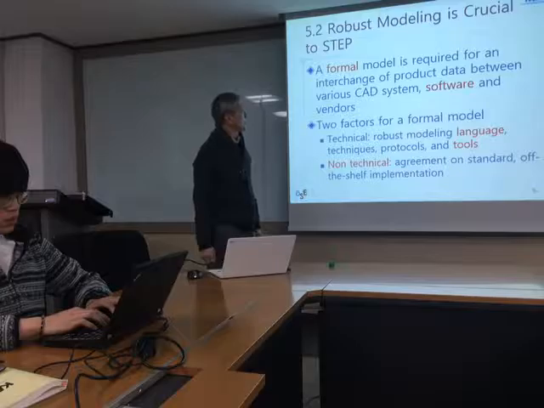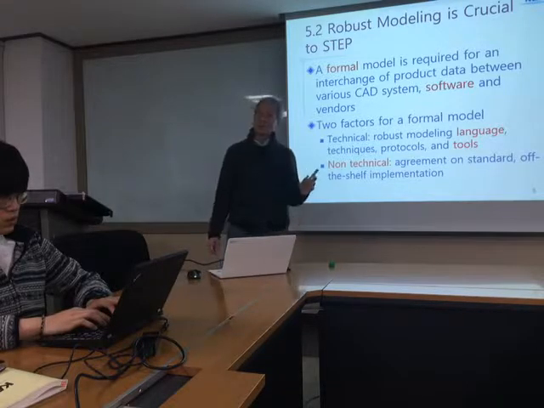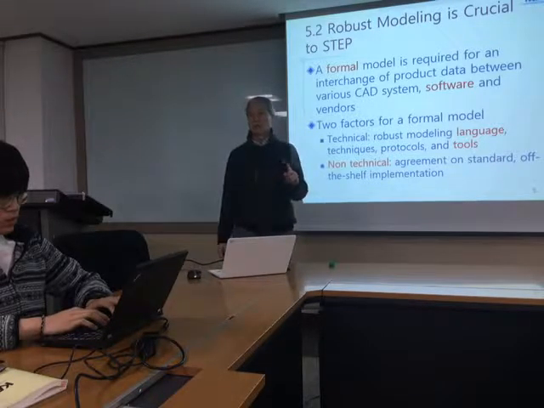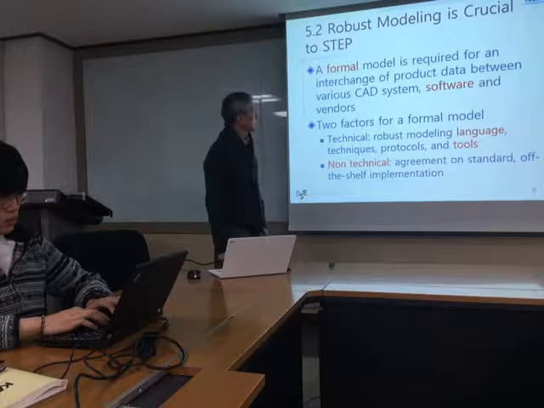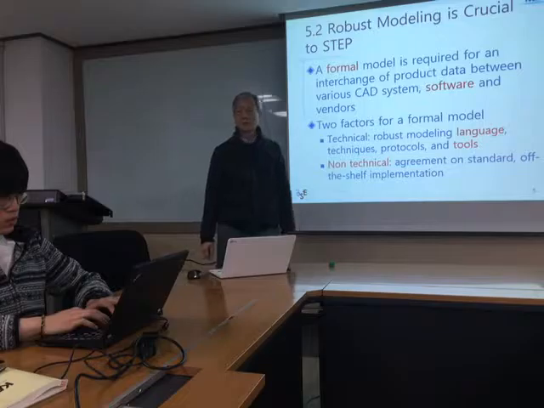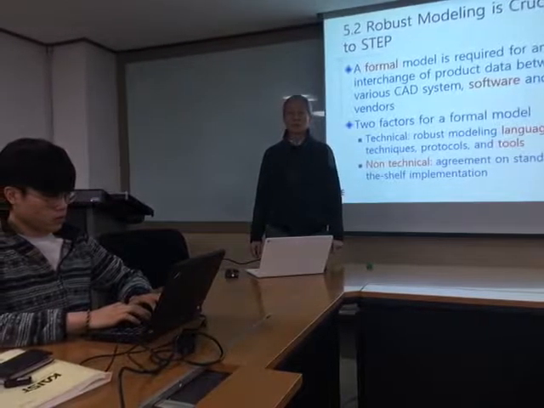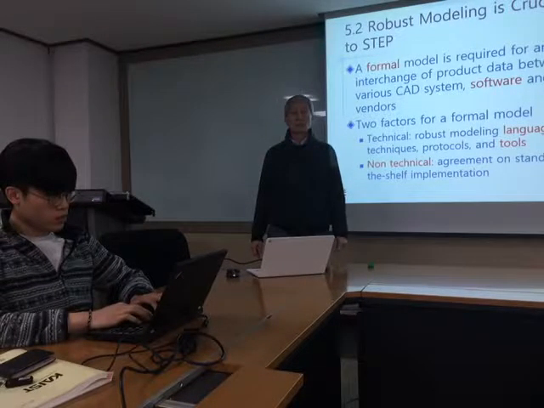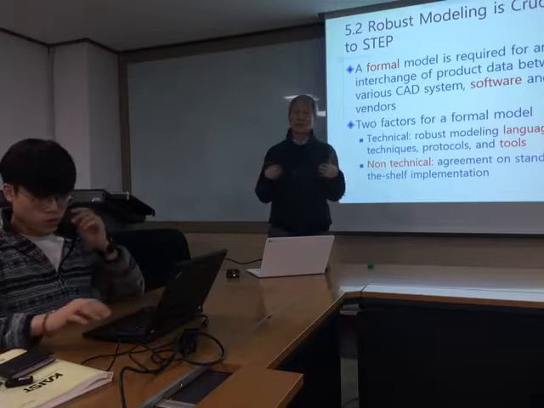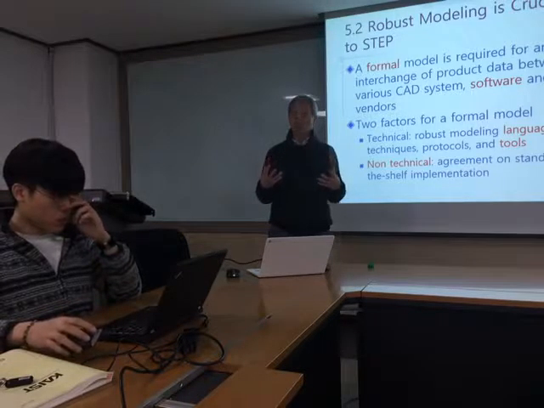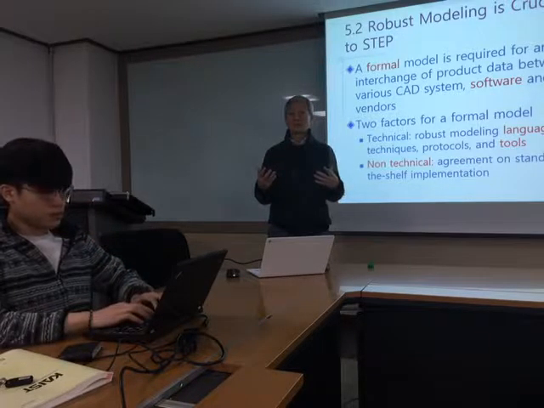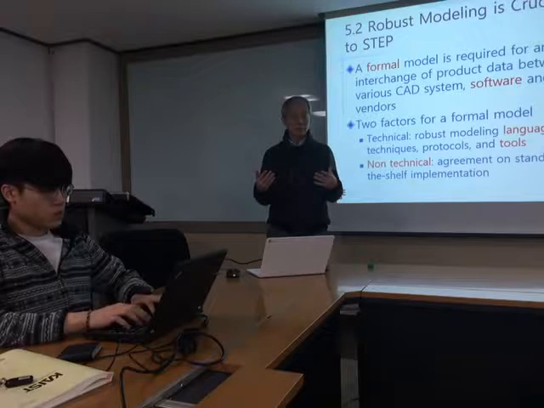So formal model: we are talking about informal model and formal model. What is informal? What is formal? This is because of the computer-interpretable language. Programming language, we are saying, versus natural language. I'm talking English now, right? This is a natural language.